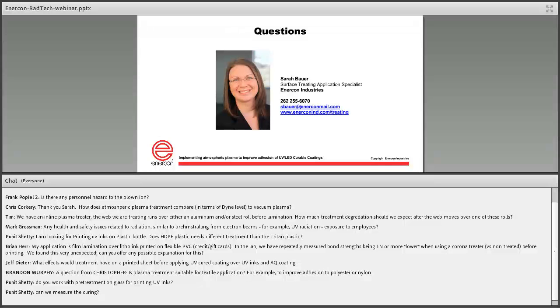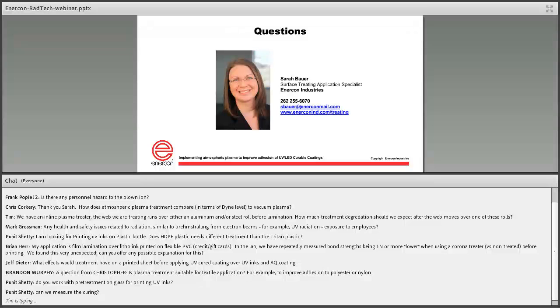What effects would treatment have on a printed sheet before applying a UV-cured coating over UV inks and an aqueous coating? If I'm understanding the question correctly, if you are trying to cure UV over UV, this is a very good question for the ink and coating formulator, as well as your supplier of UV coating or UV curing equipment.